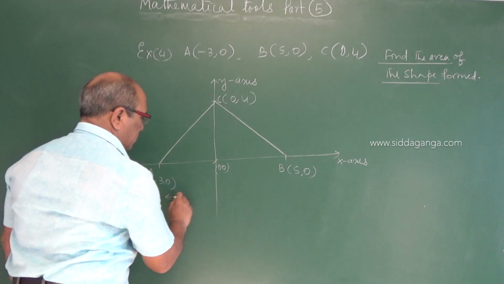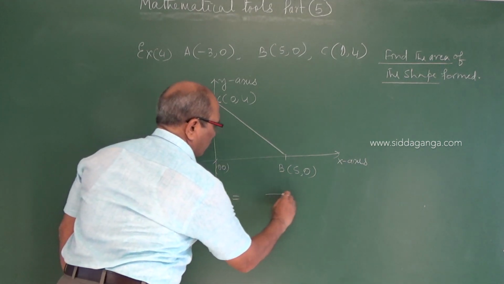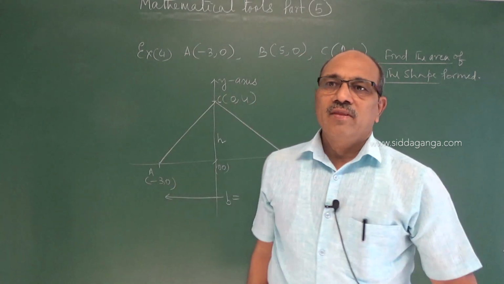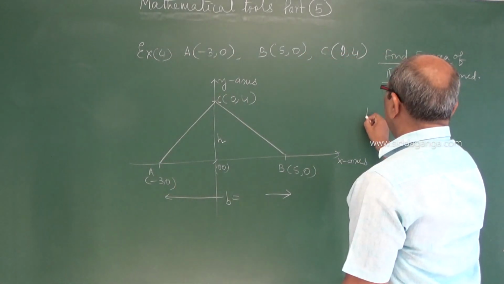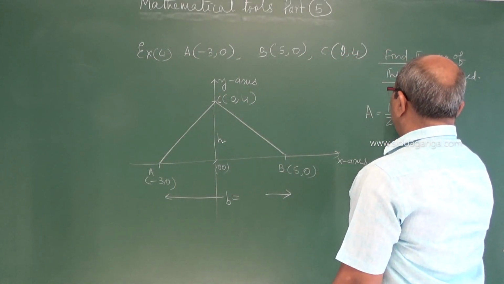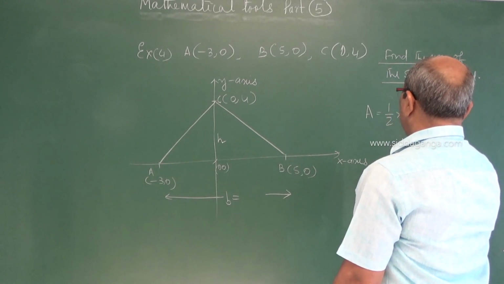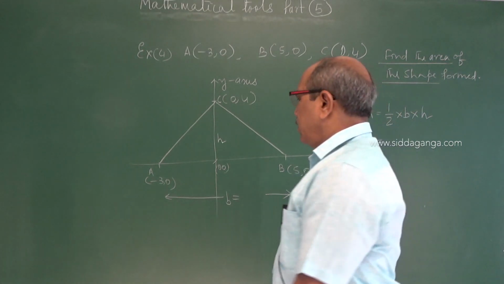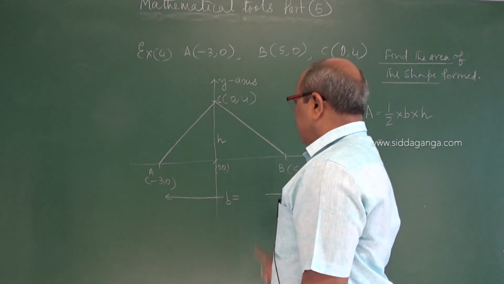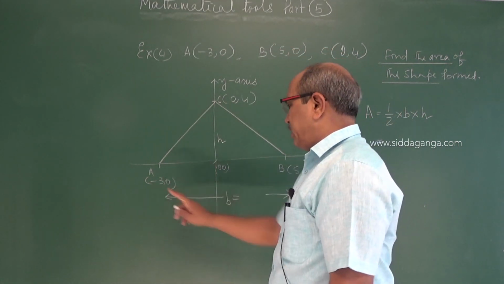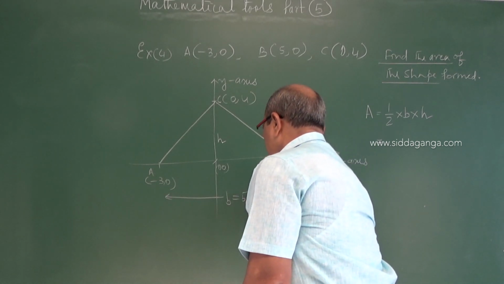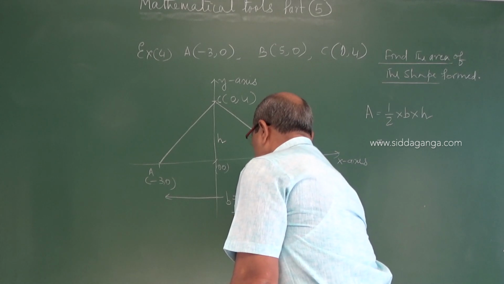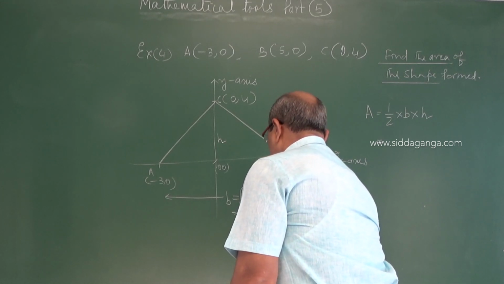Again you want the base length and height. To calculate the area, the relation is area equal to half into base into height. So for the base, 5 minus of minus 3 gives you 5 plus 3 equal to 8 meter.